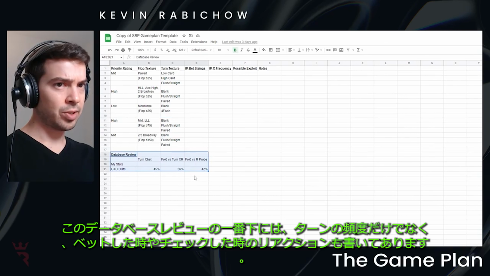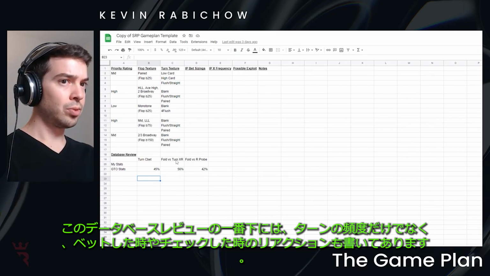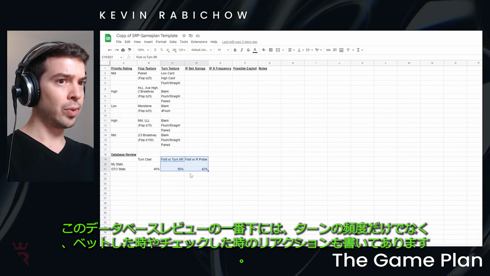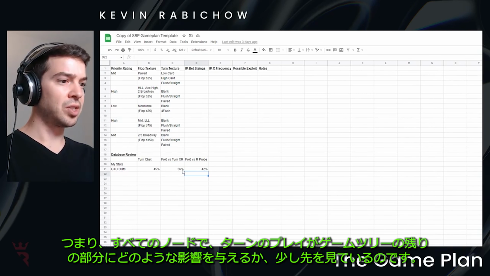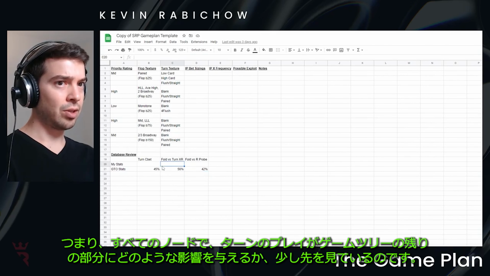At the bottom here for the database review, I've noted not only the turn c-bet frequency, but also the reaction that you're going to have once you've bet or once you've checked. So the idea here is that at every node, we're looking ahead a little bit to think about how the way we play the turn is impacting the rest of the game tree.